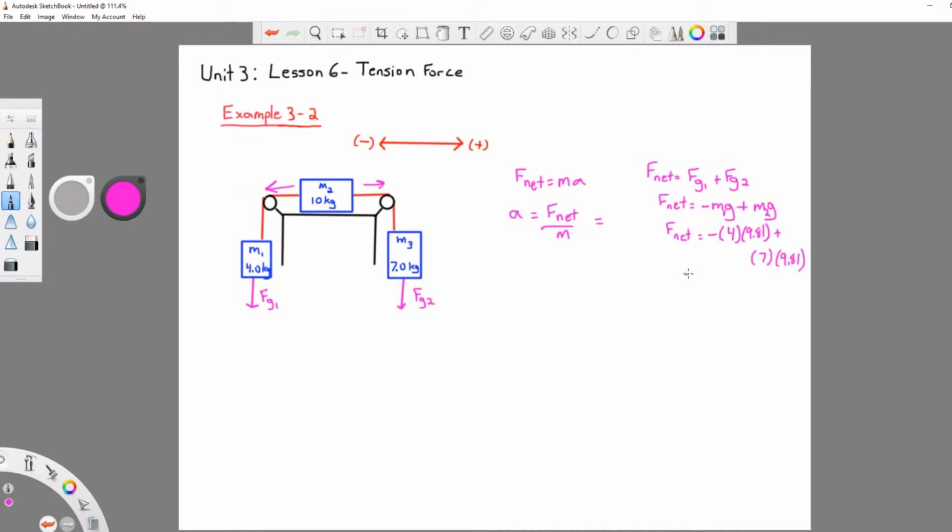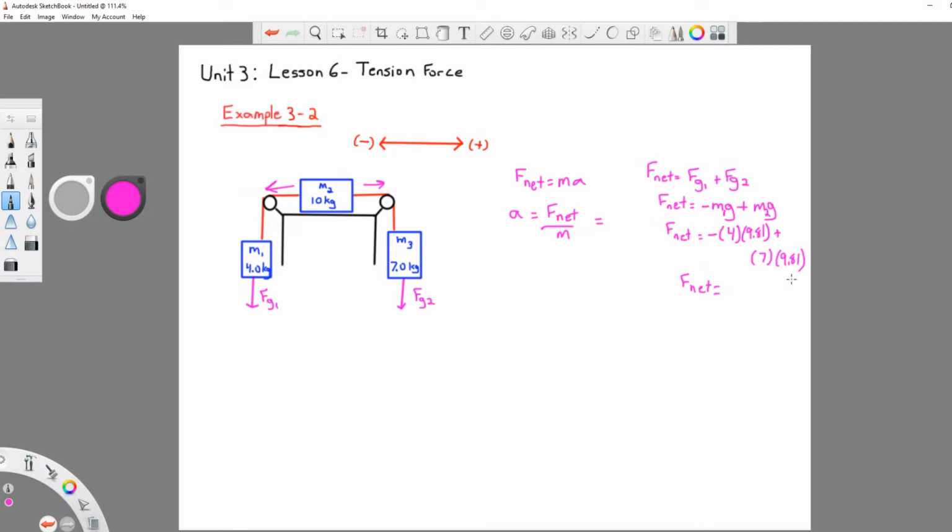Okay, so our net force on this system is going to equal... Oh dear, I didn't actually calculate that myself. I did more steps in one here.